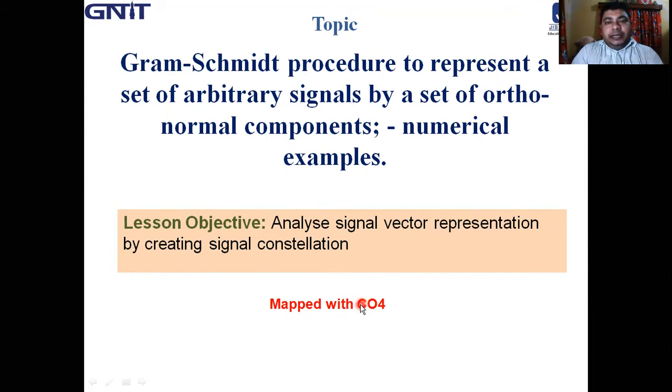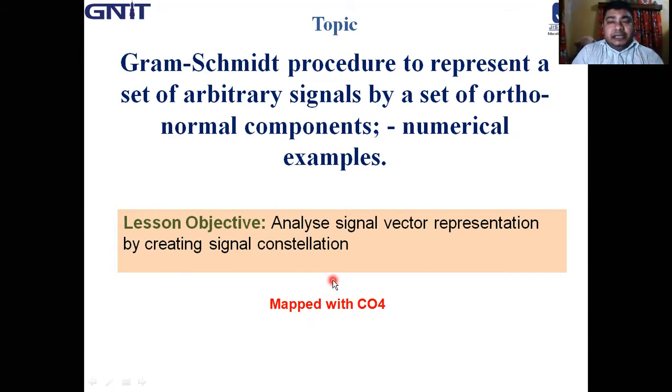So actually in the last class, we have discussed a generic block diagram of a digital communication system and found out its average probability of symbol error. We also discussed geometric representation of signals. What are basis functions?